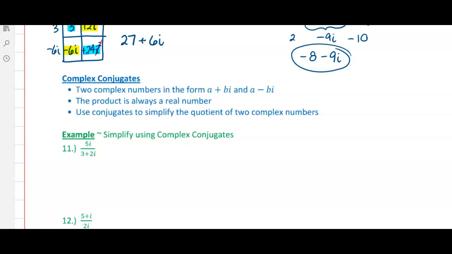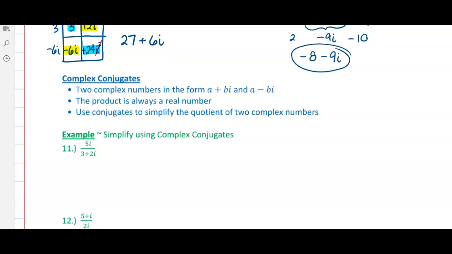Just like you're not allowed to divide by 0, you're also not allowed to have an imaginary number in a denominator. When this happens, we need to multiply by what's called a complex conjugate to eliminate that imaginary part that's in the denominator.